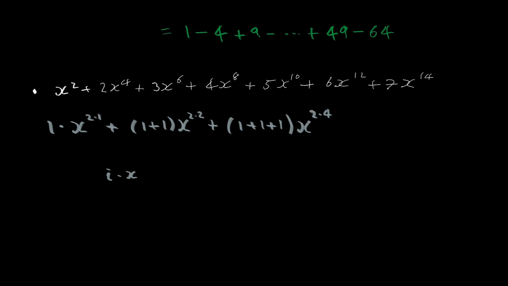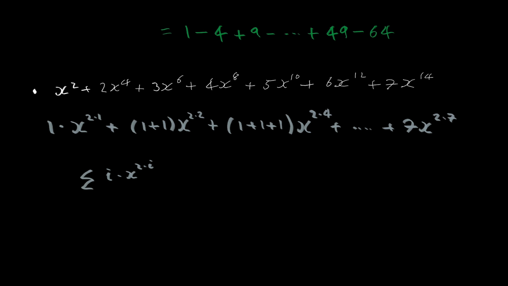So i times x, because the coefficients are increasing by 1 every time. 7x to the 2 times 7. And the powers are multiples of 2, where the multiples are starting at 1 and increasing all the way up until 7. So our power would be 2 times i, just picking i to be our dummy variable. So that's what our expression would be.